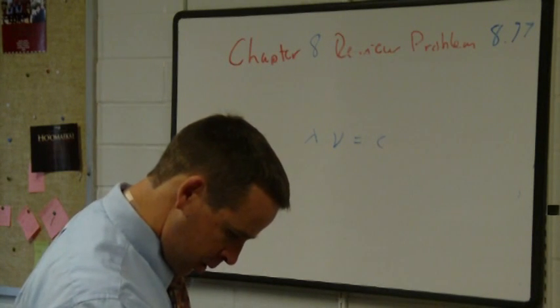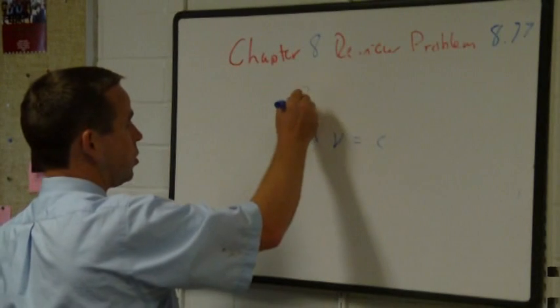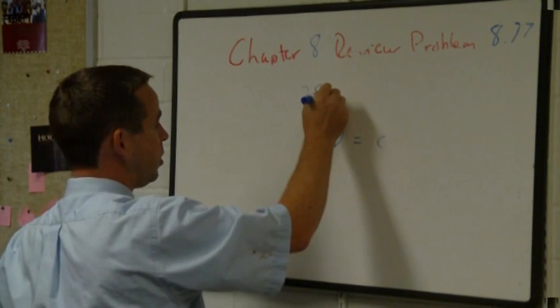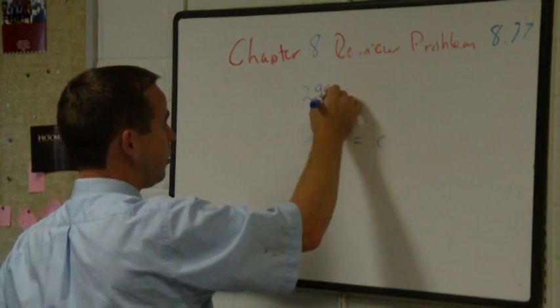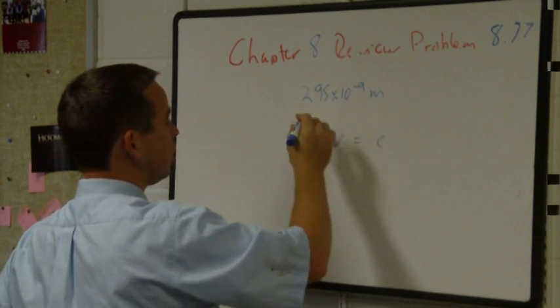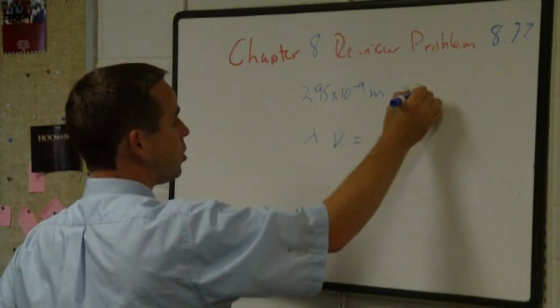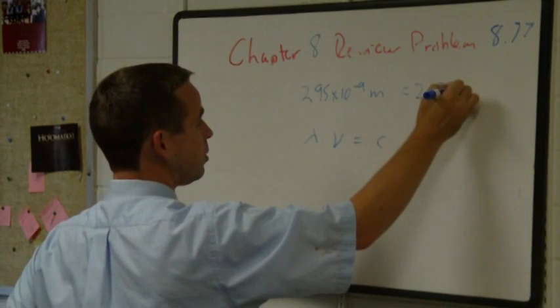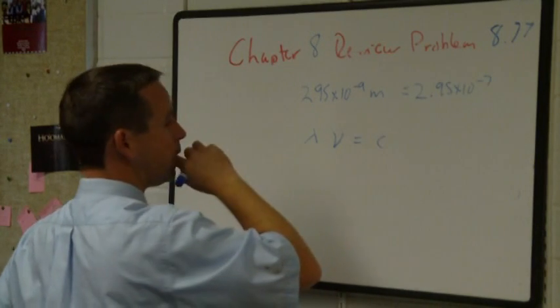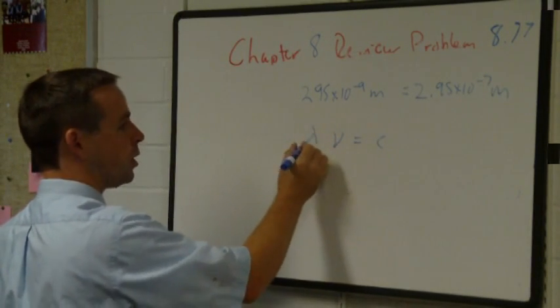877. Ozone protects the Earth. This shields a maximum UV light range of 295 nanometers, which is the same as 295 times 10 to the minus 9th meters, which is the same as 2.95 times 10 to the minus 7 meters. So that's our wavelength.